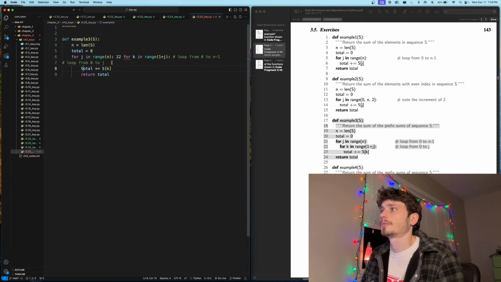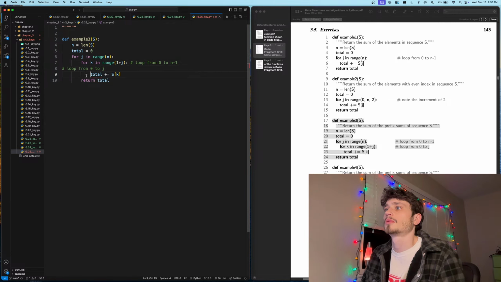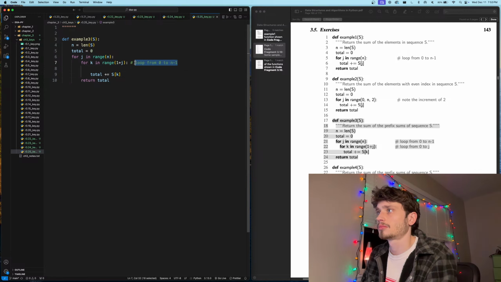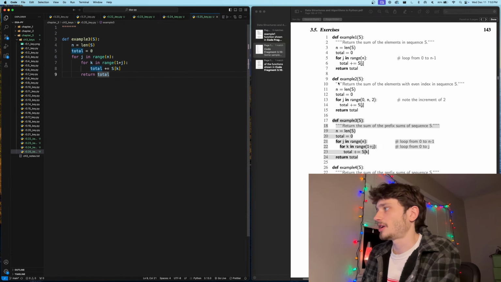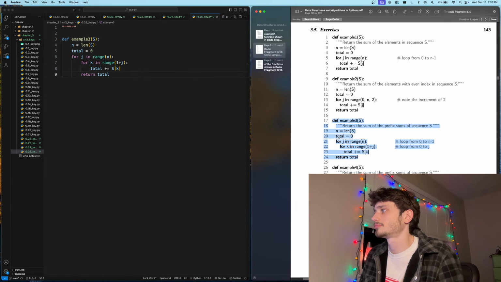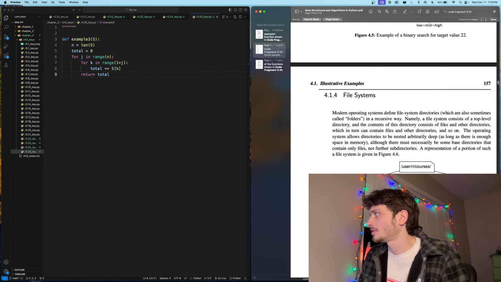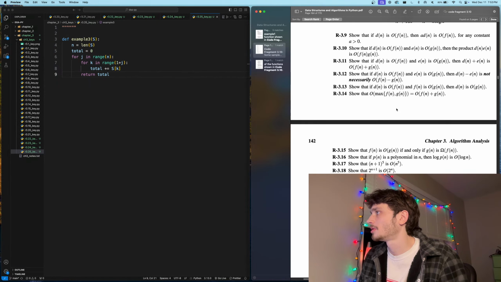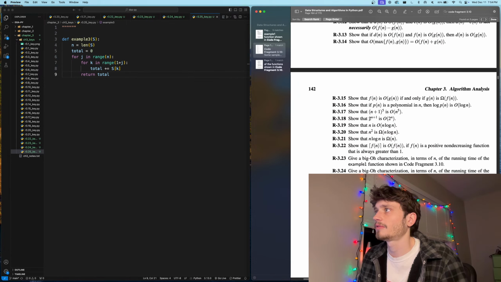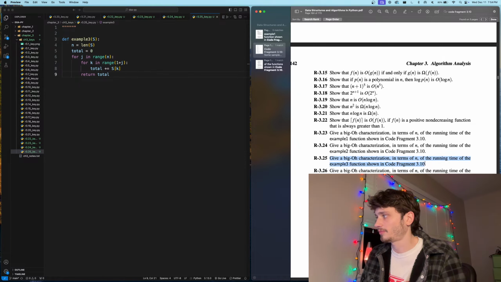All right, so in this example, well, hold on. We need to see if we're actually doing the right problem here. 325. Example 3, we go to example 5. Okay, we're going to go all the way to example 5.